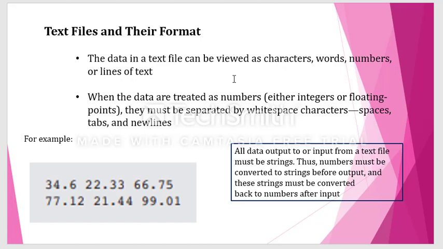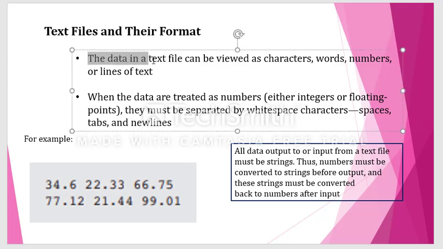Next, text files. Basically what does a text file contain? The data in a text file can be viewed as characters, words, numbers, or lines of text. Otherwise some kinds of text files contain only numbers, only integers, or only float values.